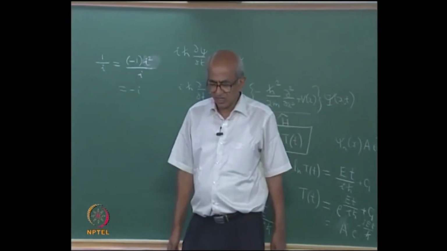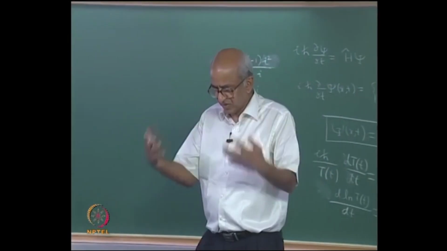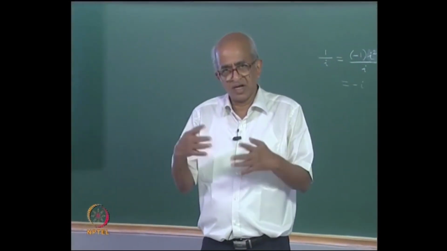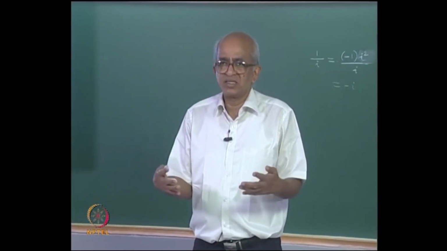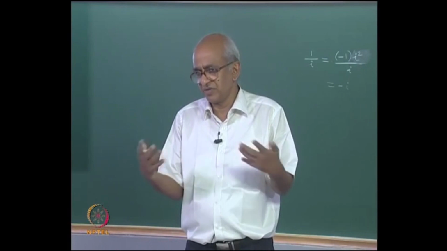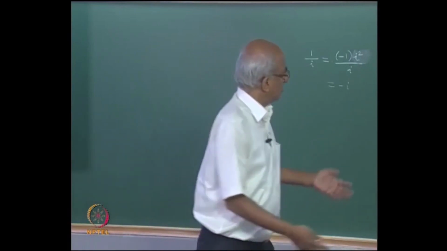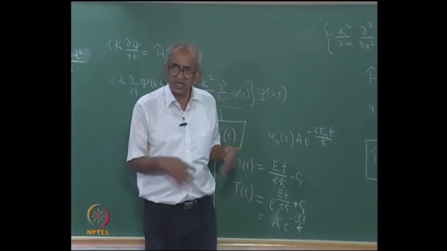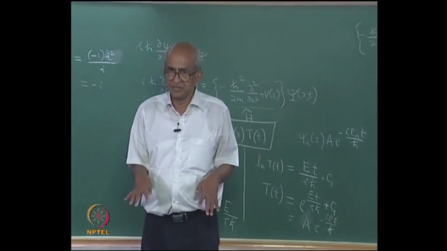Now, yesterday I was telling you that eventually I will have to normalize the wave function. If it does not satisfy the normalization condition, I shall have to normalize it. So, any constant that is occurring here is irrelevant, because eventually I will normalize my function.